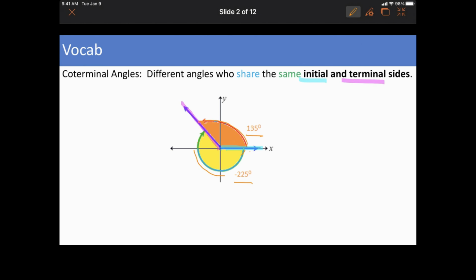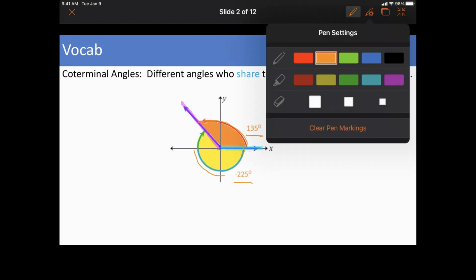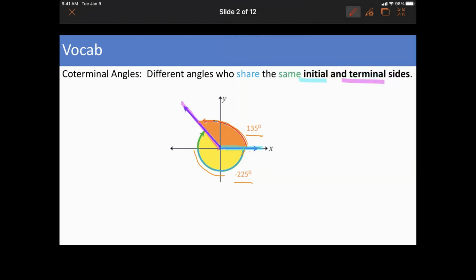Let's think about it. So if I have 135 here, what if I continue my rotation? I'm going this way. What if I continue and do another rotation? So what if I had 135 plus 360? It would still have the same beginning because it went this way, right?